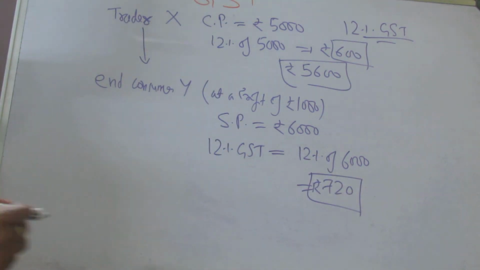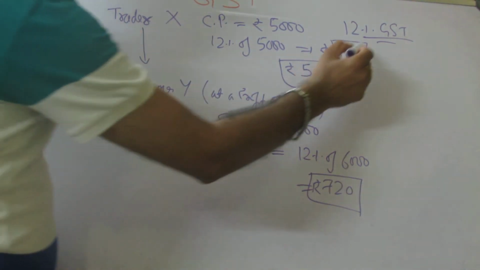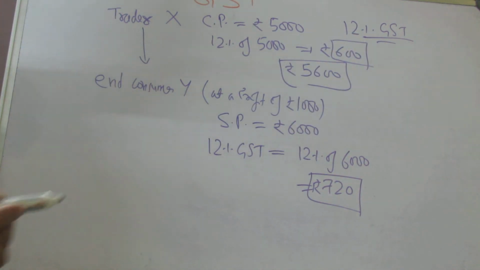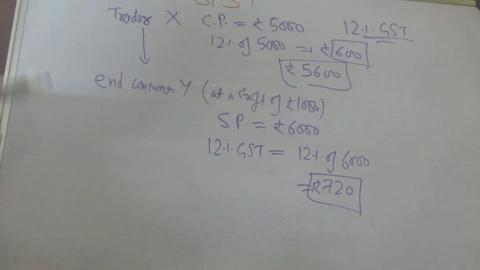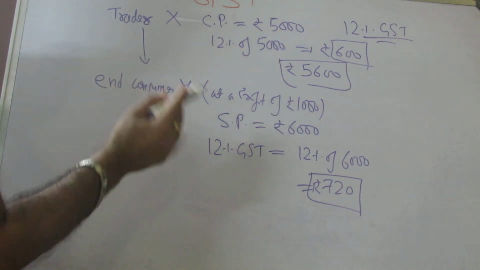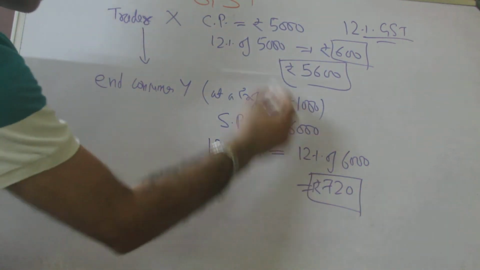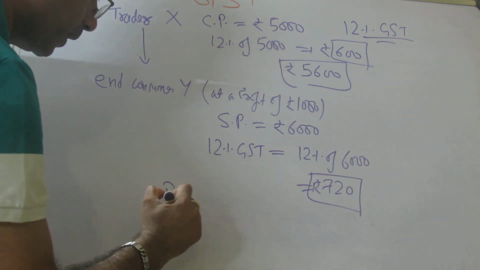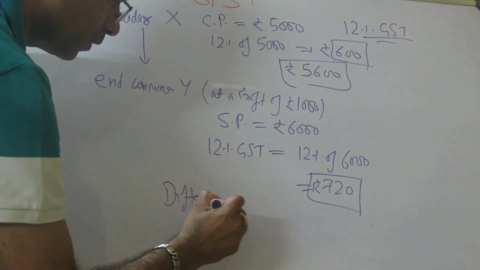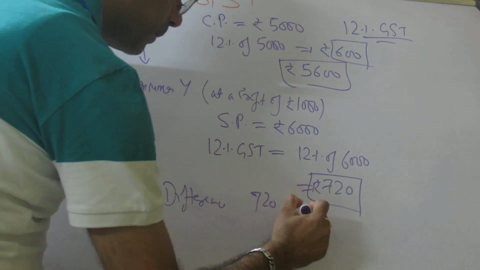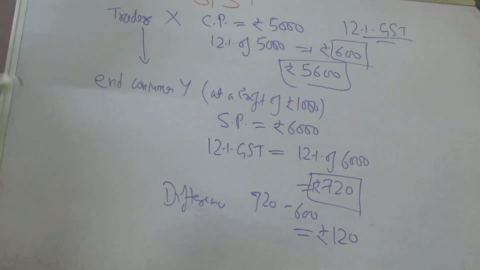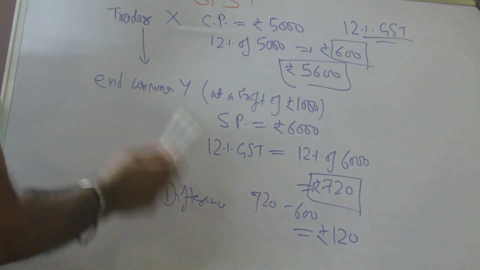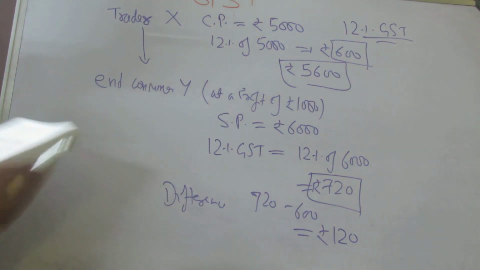Now understand, X had already paid 600 rupees of GST and he has collected 720 rupees from the customer. What is the amount he will pay to the government from this transaction? It would be the difference of 720 minus 600, so 120 rupees is the amount X will pay to the government.